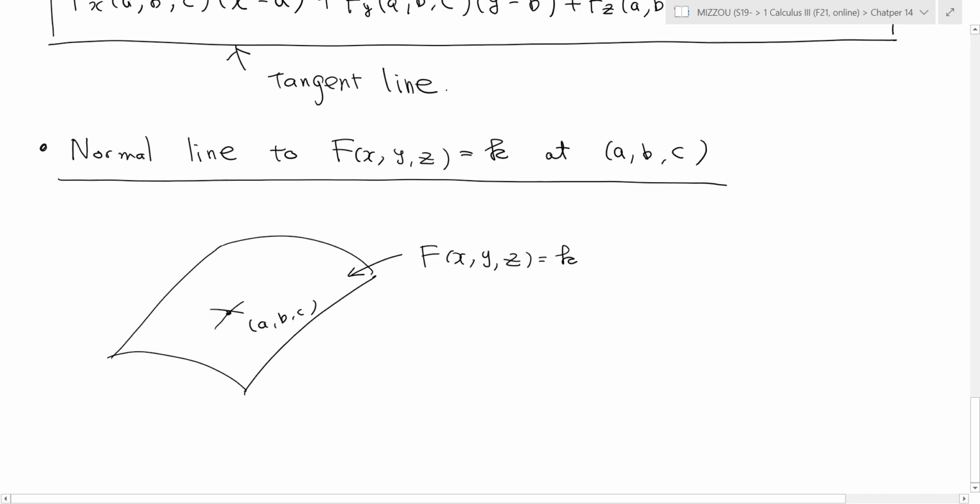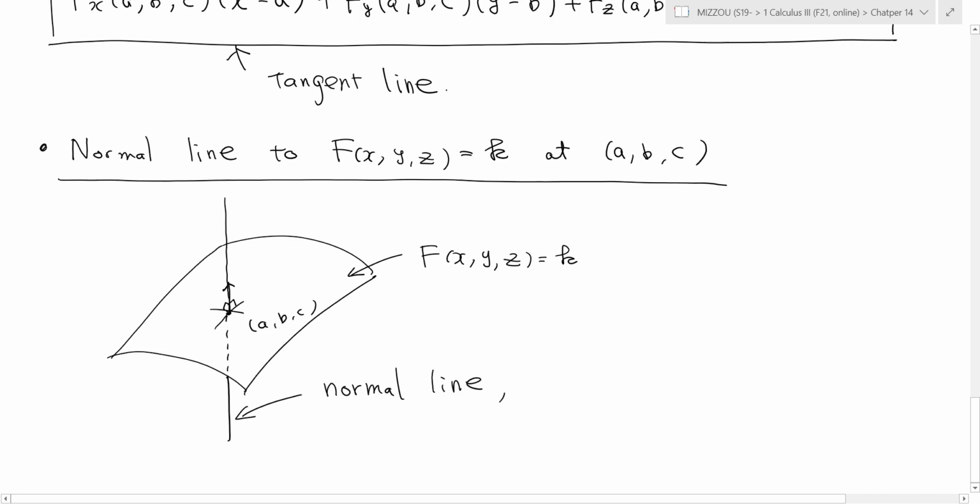And then, like I said, we have the gradient vector, which is perpendicular to the surface. Now, if you look at the line going through this point, perpendicular to the surface, then this is called the normal line.